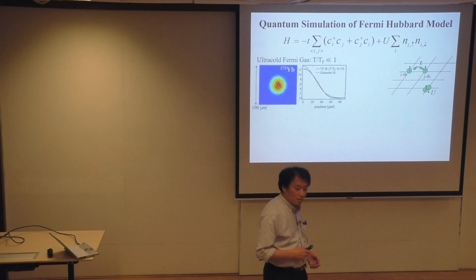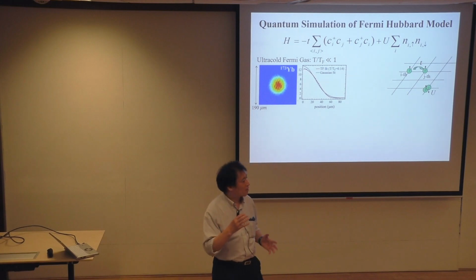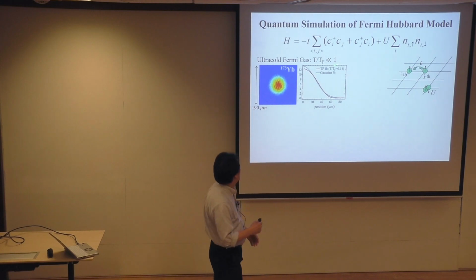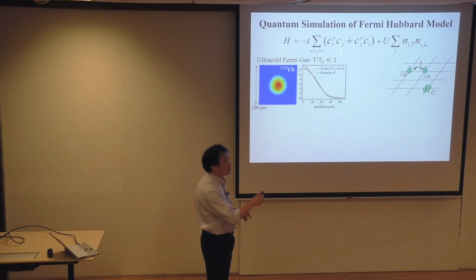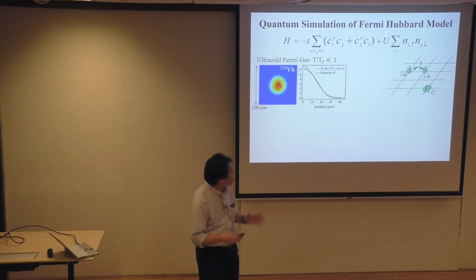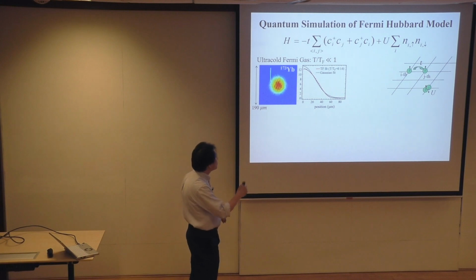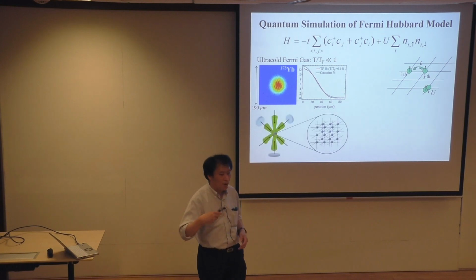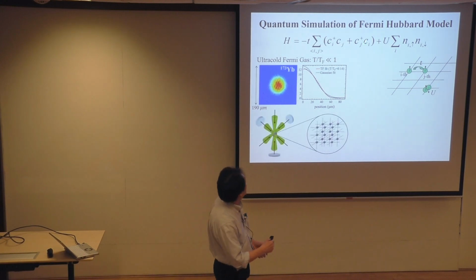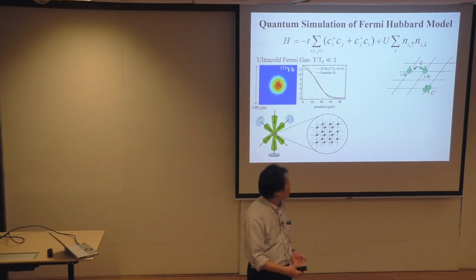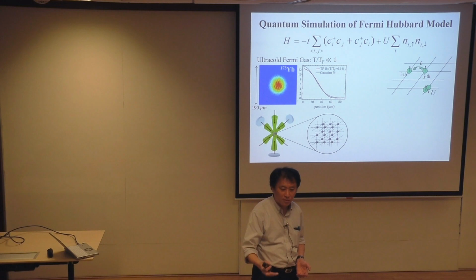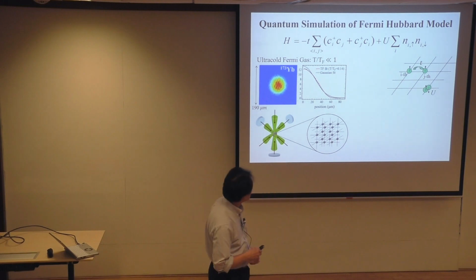Now atomic physicists can prepare ultracold Fermi gas with a temperature much below the Fermi temperature. And by loading this ultracold Fermi gas into an optical lattice, we can successfully implement the Fermi Hubbard model.